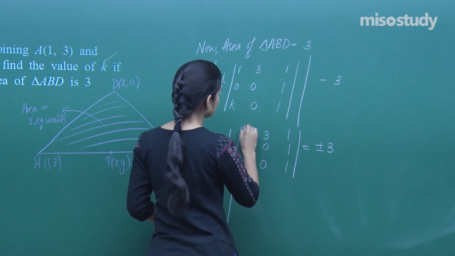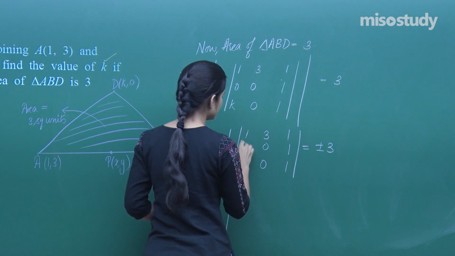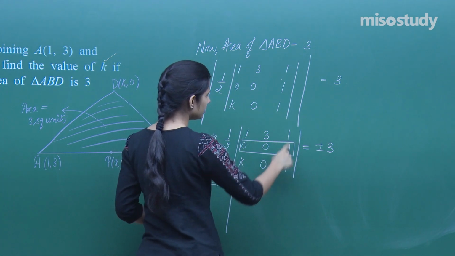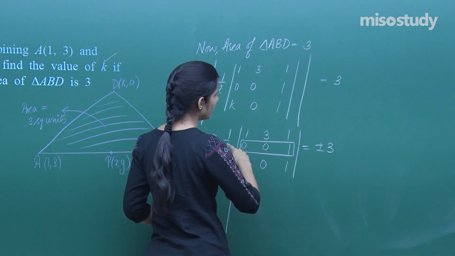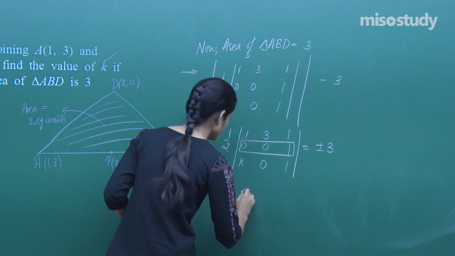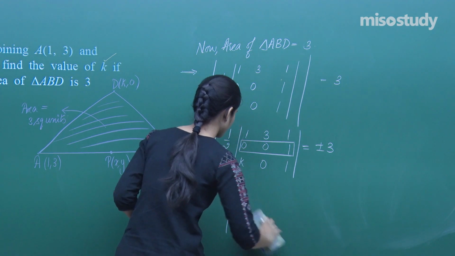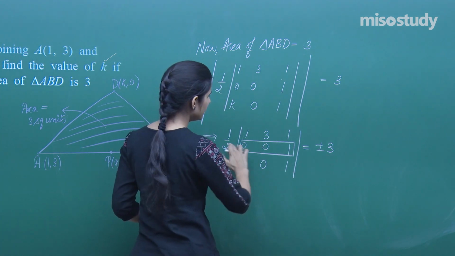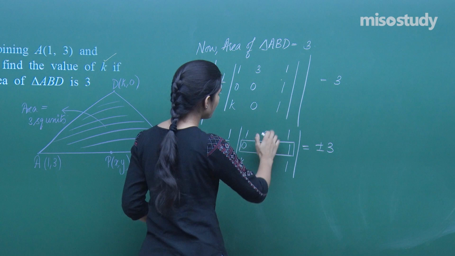Solve this determinant. If you solve it along, say, second row, you will be having 1, this cancelled out, so you are left with 0 minus 3k. The 2 is going to go that side, so I am not writing half.